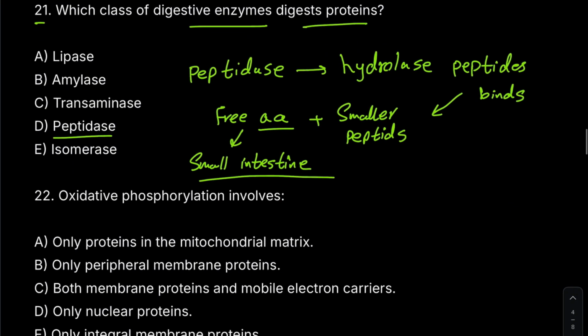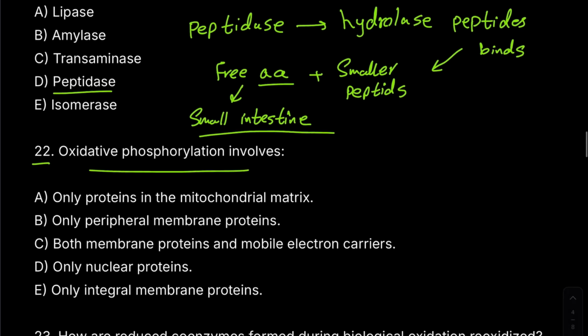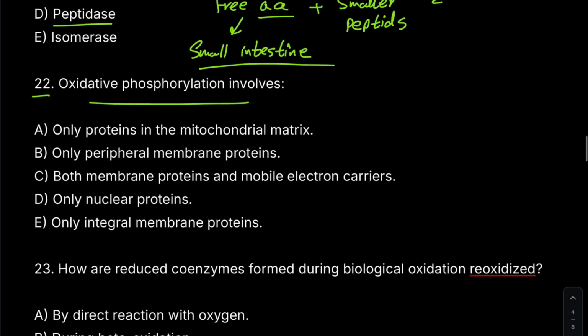So, question number 22. Oxidative phosphorylation involves, the correct answer is C. Both membrane proteins and mobile electron carriers.